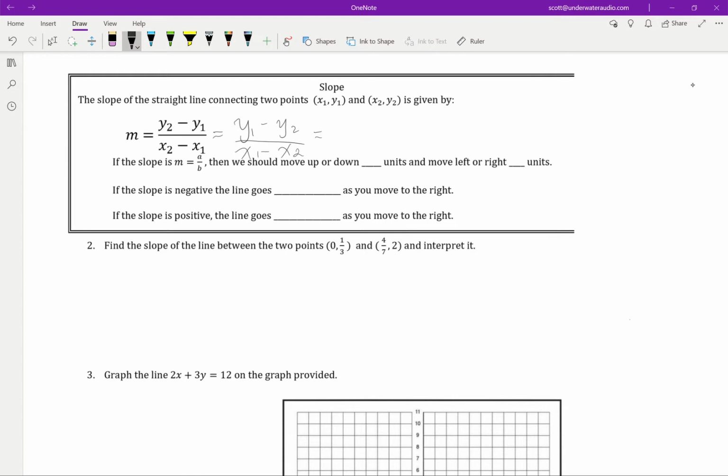You may have seen this as change in y over change in x, or maybe something like change in height over change in width.